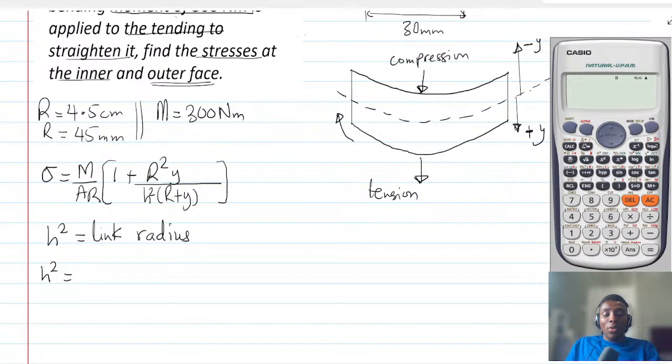So that formula for the link radius is very simple for a rectangle.